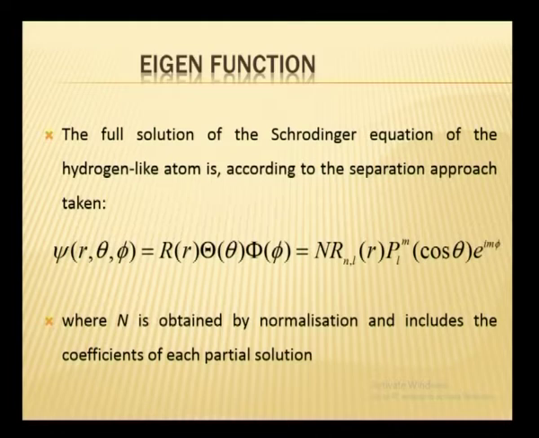It is psi of r, theta, phi, equal to the radial solution multiplied by the angular parts of the solution, namely Theta of theta, Phi of phi, that will be N times, where N is the normalization constant, multiplied by R_nl(r), P_l^m(cos theta) e to the power of i m phi. This P_l^m(cos theta) is known as the associated Legendre polynomial.